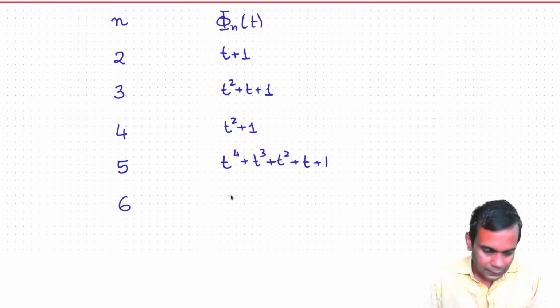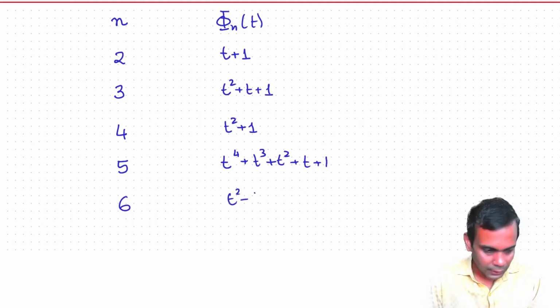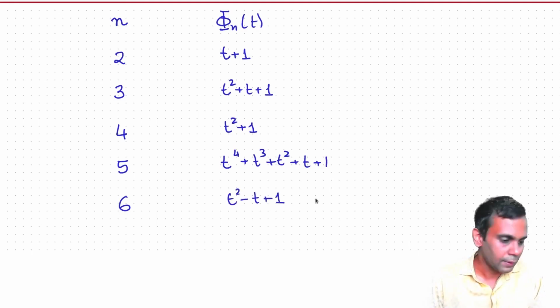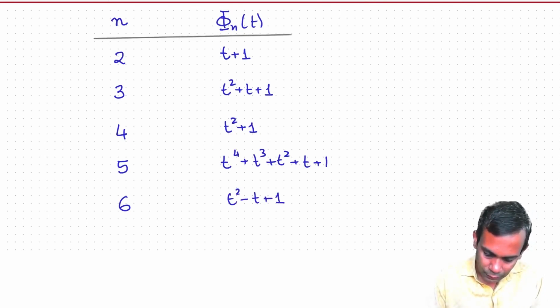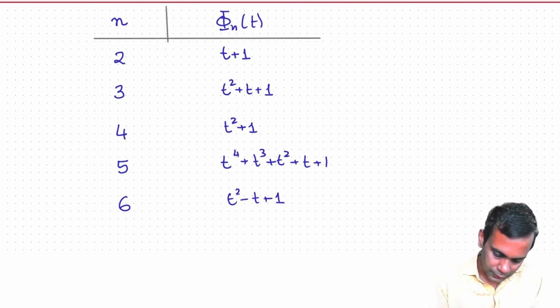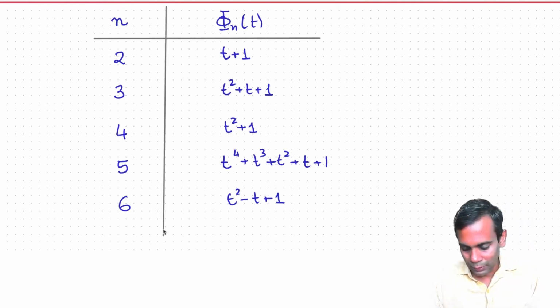And for 6, it turns out that the polynomial is a bit smaller than the earlier cases. It turns out that it is t^2 - t + 1. So that's a few examples of cyclotomic polynomials. And in the next lecture, we'll try to compute some infinite families of cyclotomic polynomials.